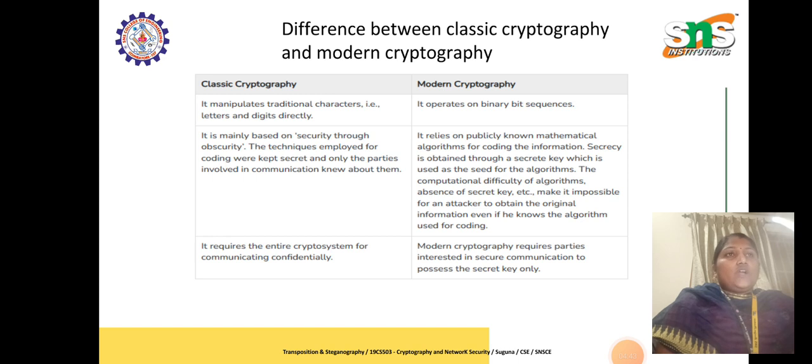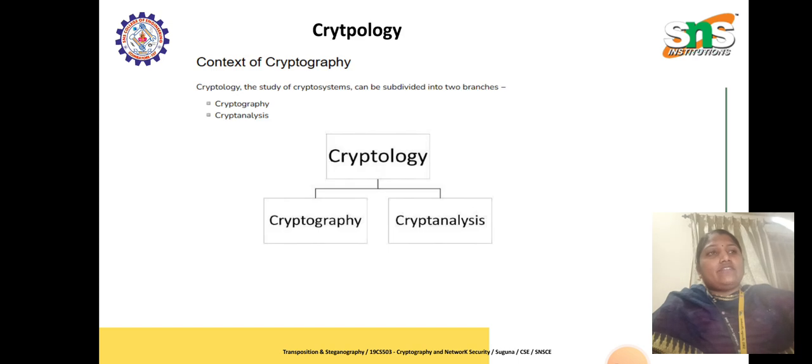The next terminology to understand in modern cryptography is cryptology. Cryptology is a combination of cryptography and cryptanalysis. We already know what cryptography is. Cryptography is the art and science of making a crypto system which is capable of providing information security. It mainly deals with securing digital data.